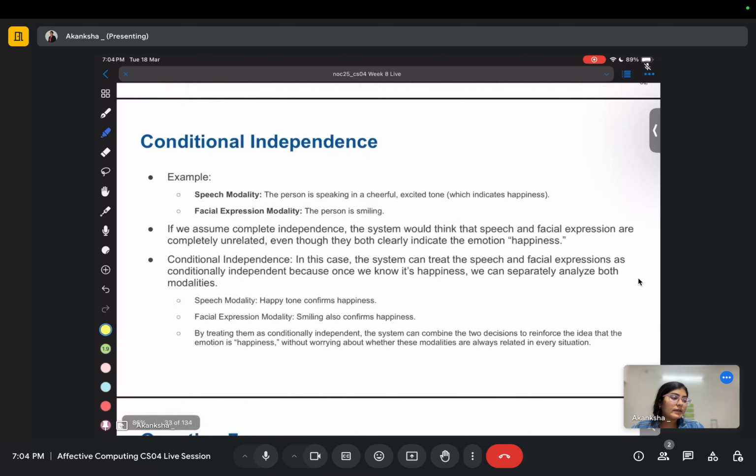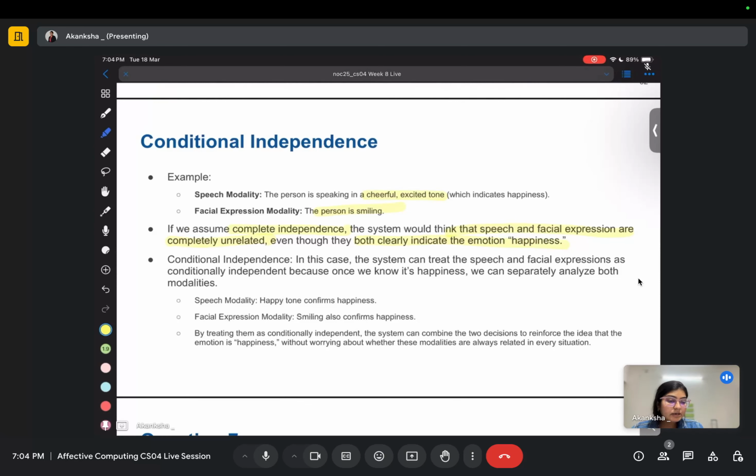Now an example would be a person speaking in a cheerful or excited tone, and the facial expression says the person is smiling. If we assume complete independence, meaning there is absolutely no relation, then it would say speech and facial expressions are completely unrelated, which is not the case, right? They both clearly indicate happiness, so of course they are related.